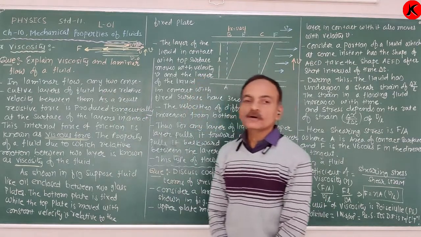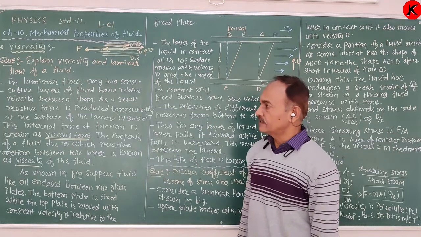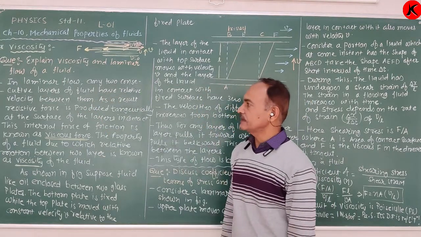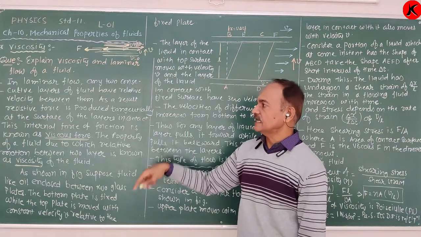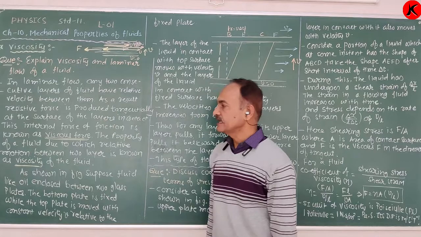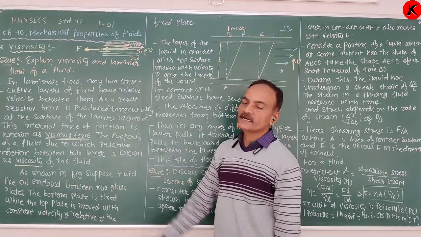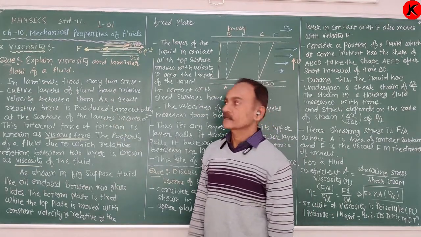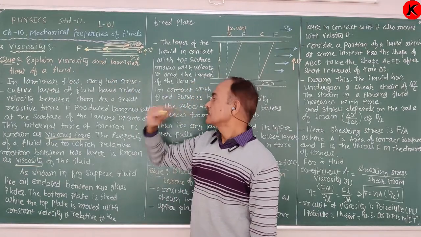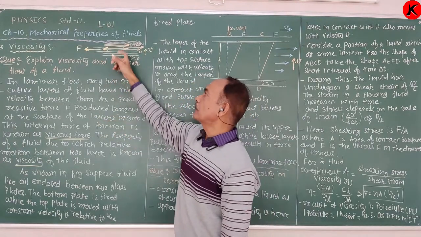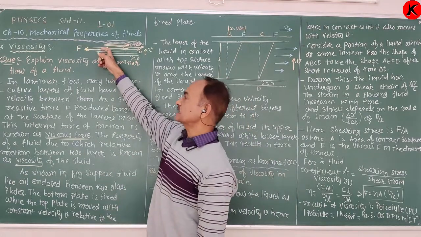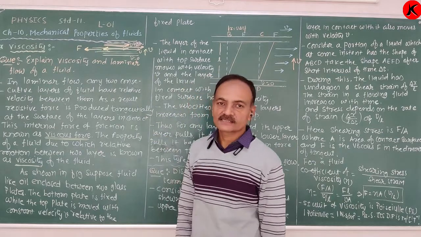Now, in laminar flow, any two consecutive layers of liquid have a relative velocity between them. As a result, an adhesive force is produced tangentially at the surface of contact between the layers.